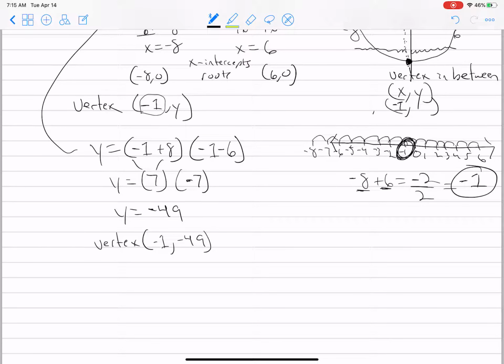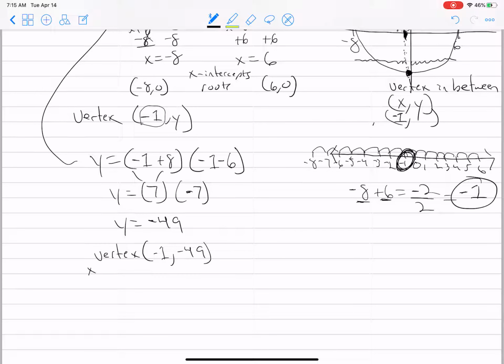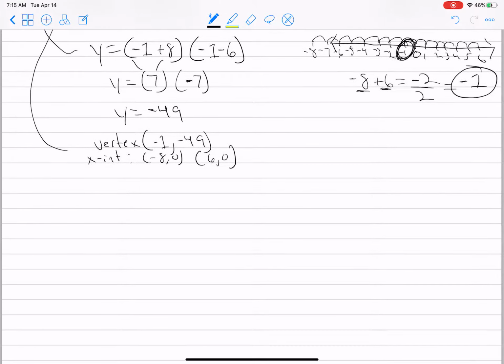So let's bring everything that I know. My x-intercepts are also -8, 0, and I'm just taking this information from the top right here, and 6, 0. So my last step, I have all of my key features. Go ahead and graph. So let me draw x-axis, y-axis.